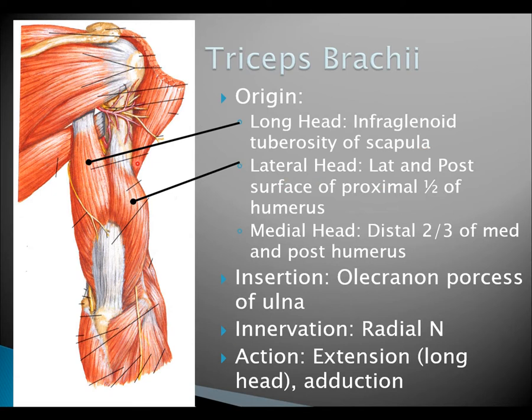And then along with the lateral head, which is out here, and the medial head, which is deep to this, they're all going to insert collectively on the olecranon process of the elbow. Again, we're not too concerned about that right now.